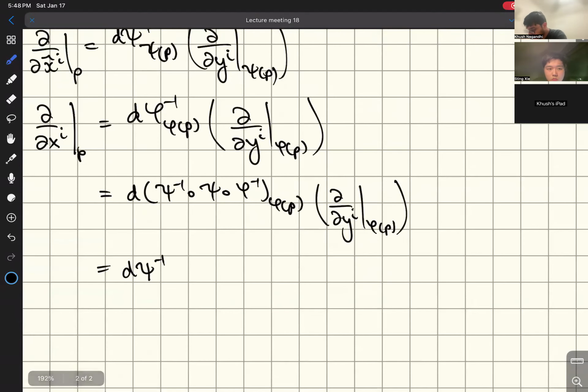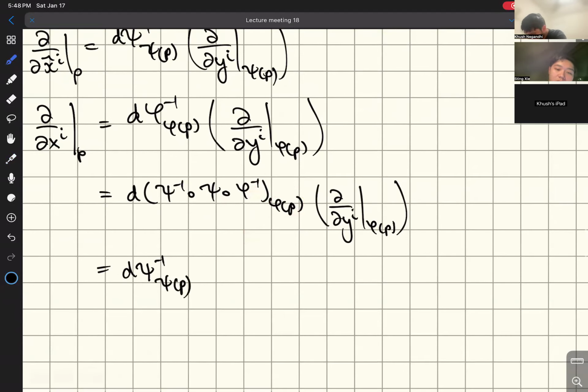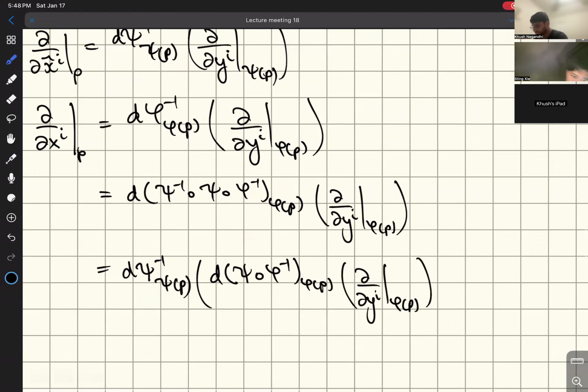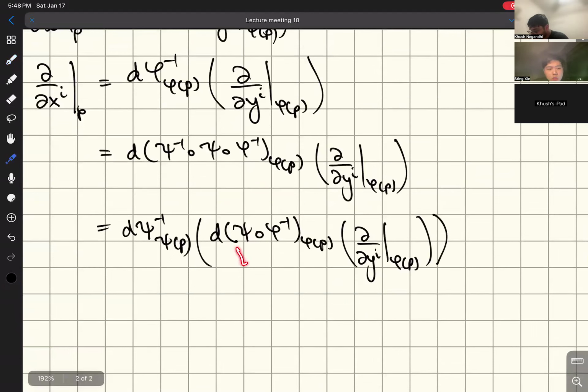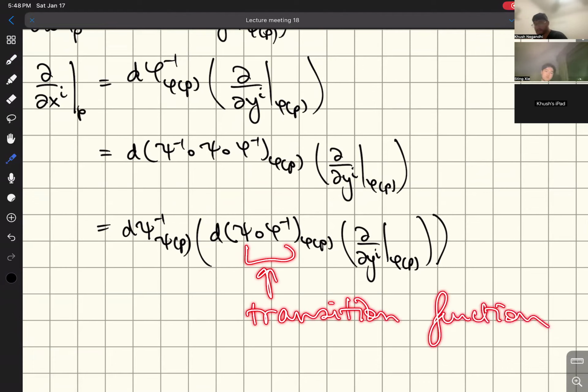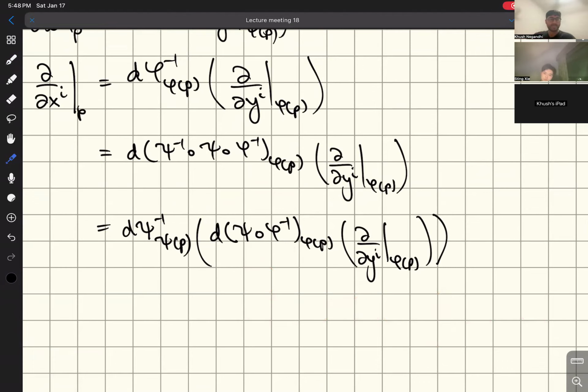So phi of P maps by psi into psi of P, of d of psi composed with phi inverse at phi of P of partial y_i at phi of P. And if you remember, this right here is the transition function. This tells us we're moving in the right direction; this is how we want to go.